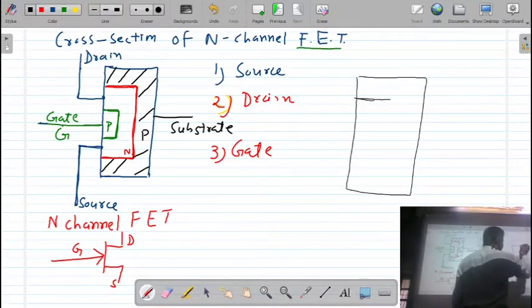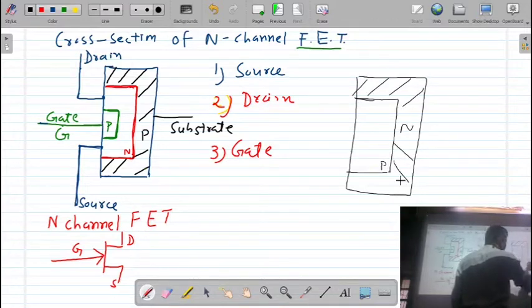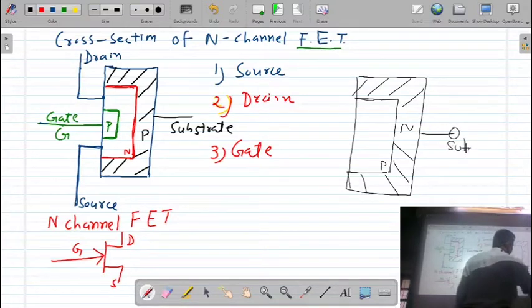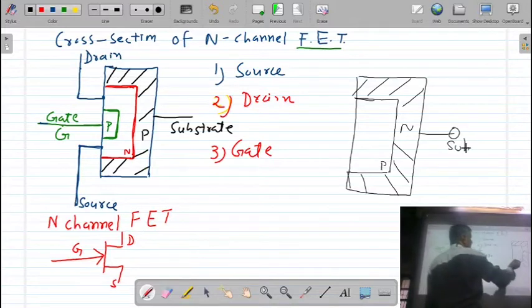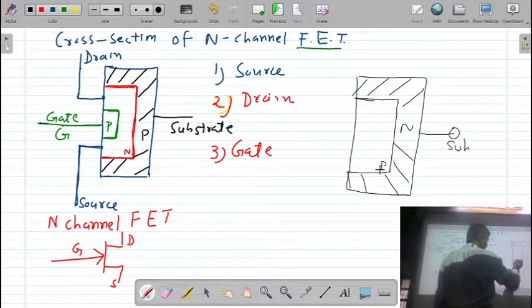Lightly doped P-type semiconductor material is diffused into the N-type substrate or bulk. This is called the P channel.